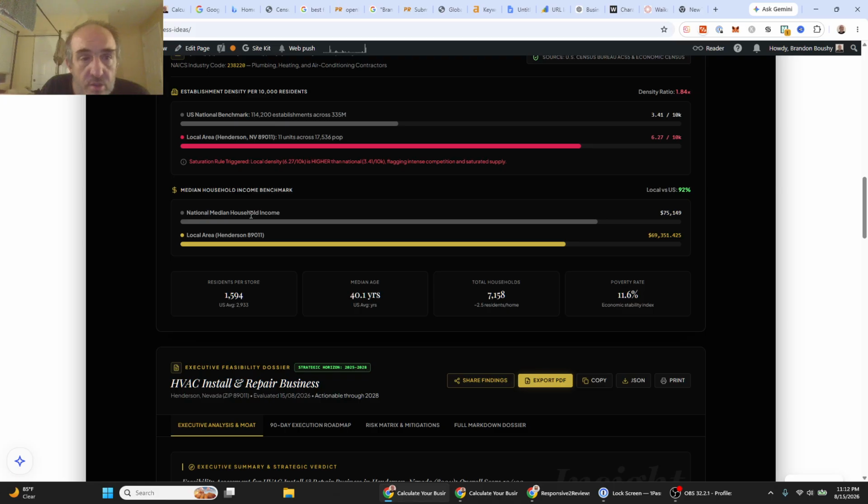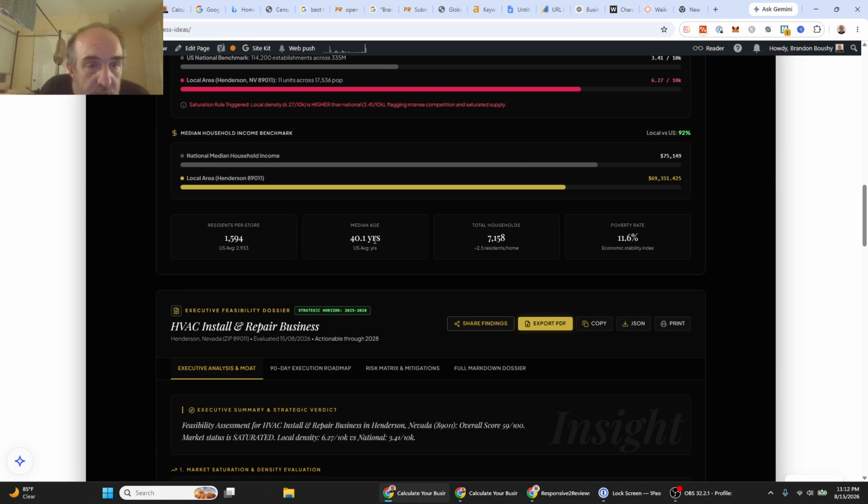And then it shows the national household income and where the local area is. As you can see, the local area is a little lower. Then it shows residents per store, median age, total households, and poverty rate.